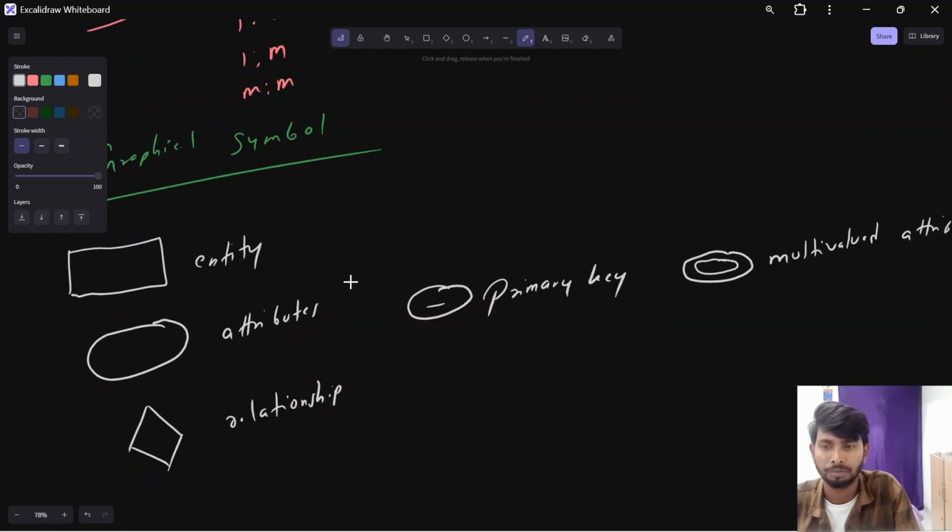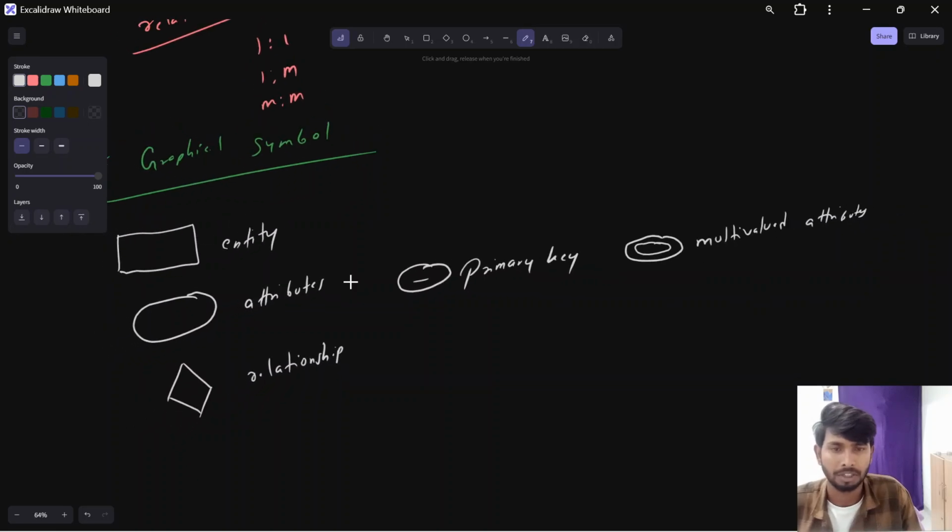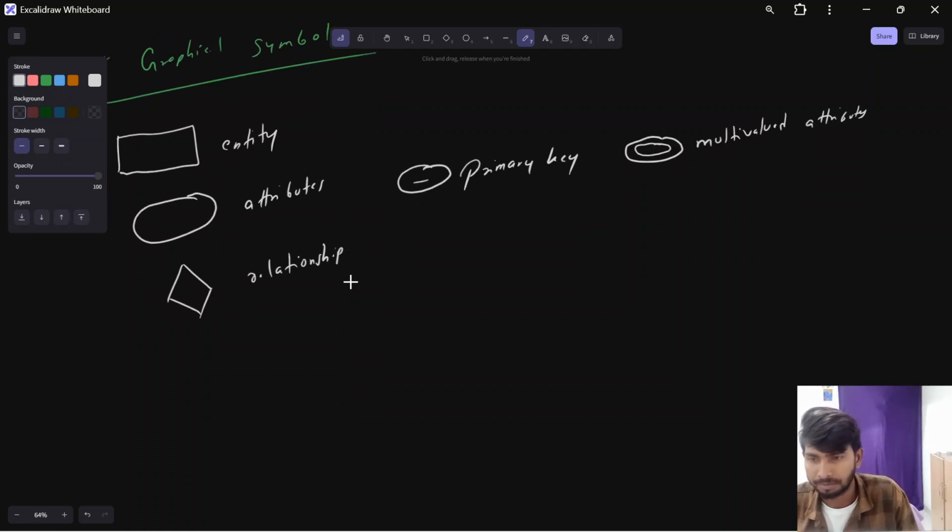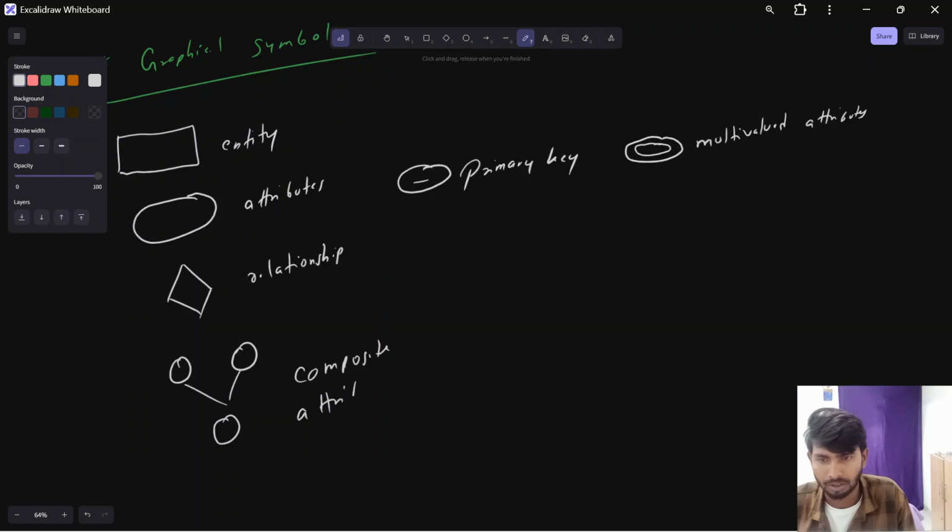And one more thing we have: entity, primary key, multi-valued attributes, and one more, composite. I define here, means I write here, these are the composite attributes. Okay, these are the attributes.